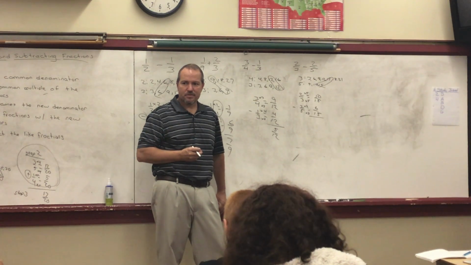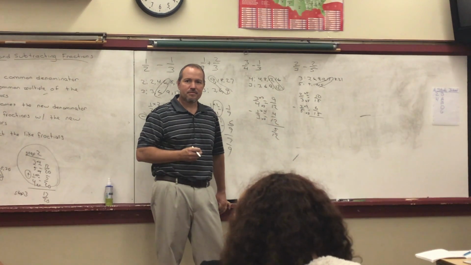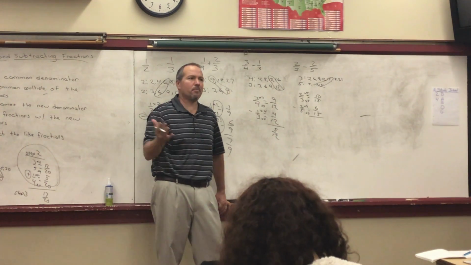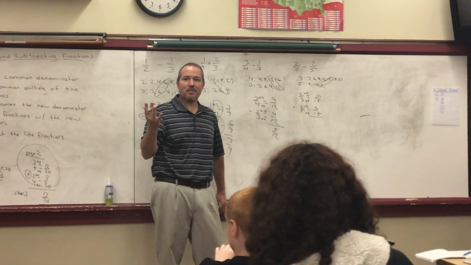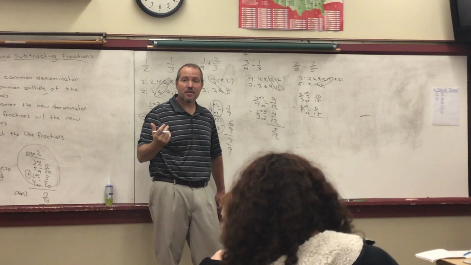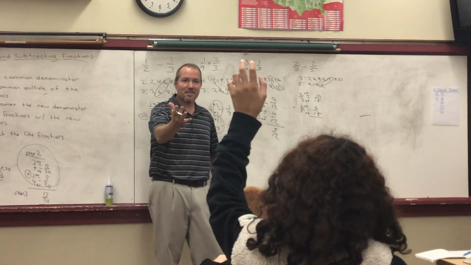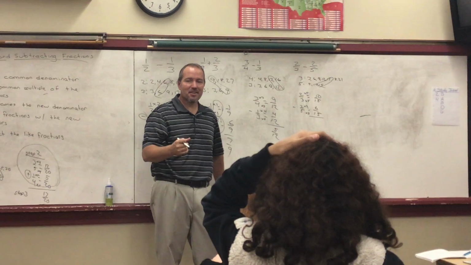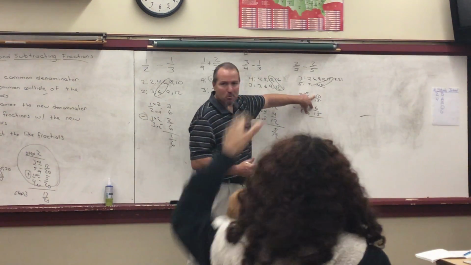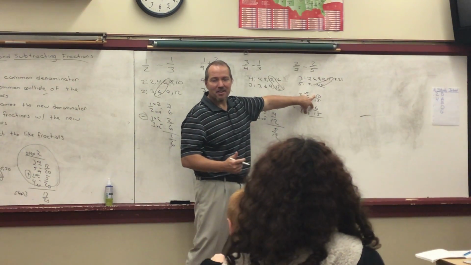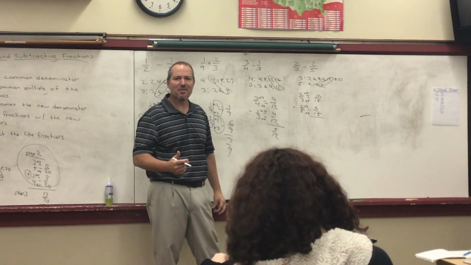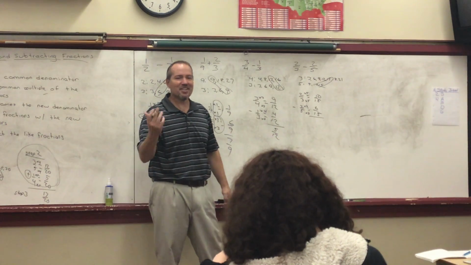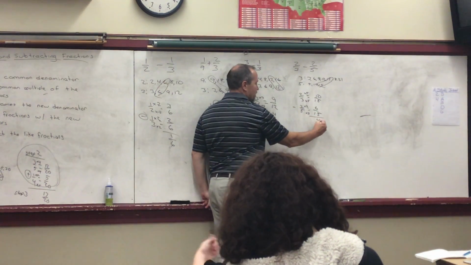I'm subtracting the top numbers, the numerators, 10 and 6. You said 10 over 15 minus 6 over 15, but I'm simply subtracting the numerators 10 and 6. So 10 minus 6 is 4.